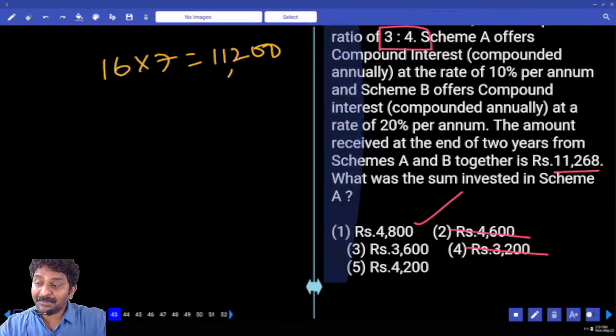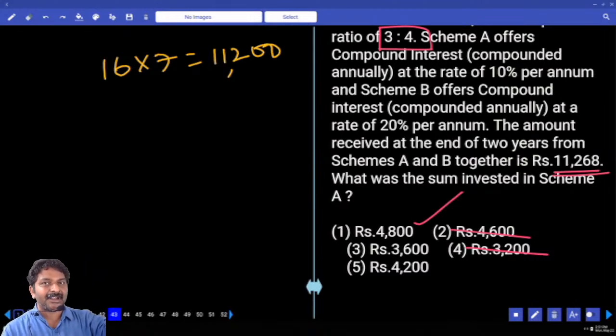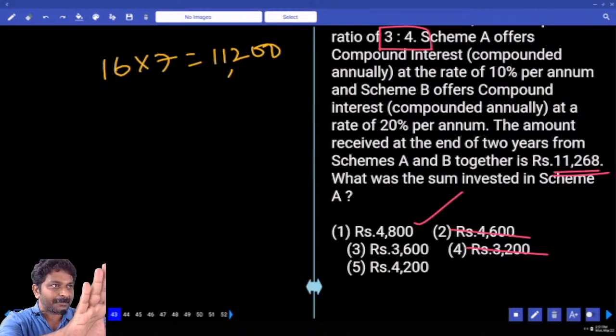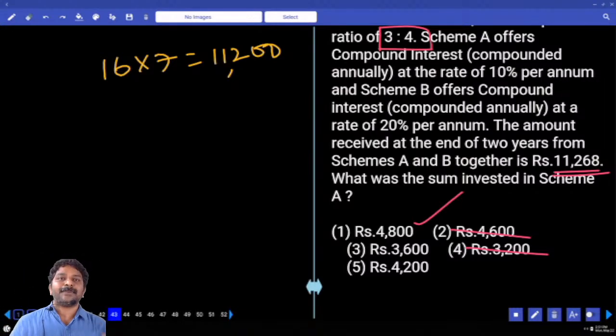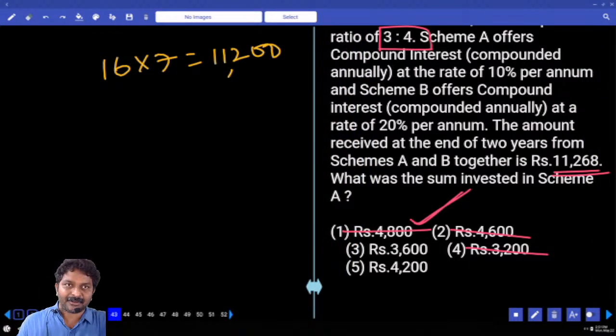After that, if it becomes 11,268, do you accept? Is it practical? Because the principal is 11,200 and to that we are adding only 68 rupees. Is it possible? So should our principal in scheme A be less than 4,800 or more than 4,800? Less than, right? This can be eliminated straightforward.